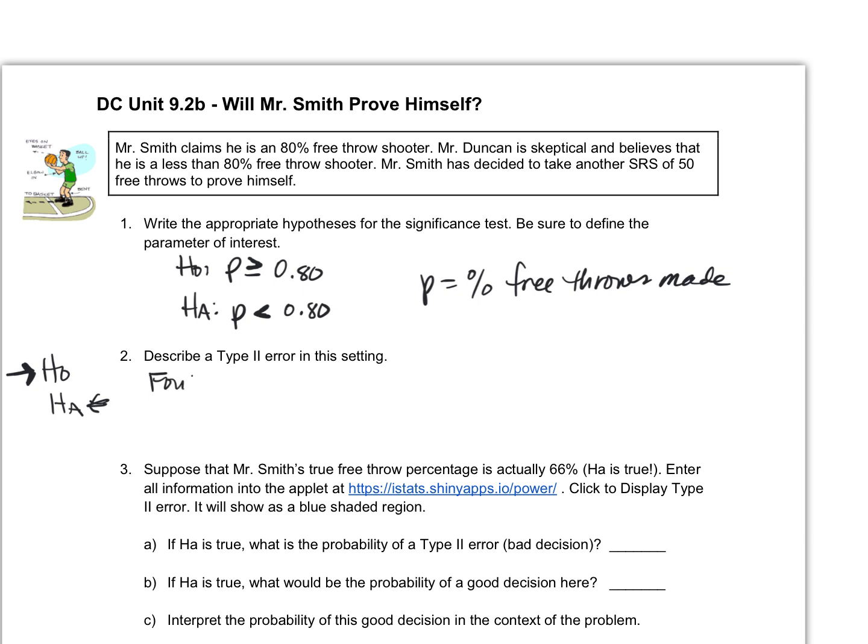So we found evidence that Smith, what, is less than 80%, greater than 80%?